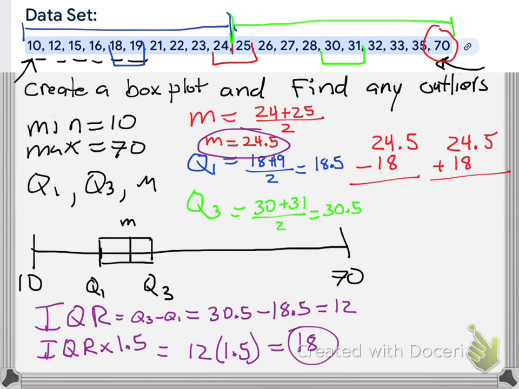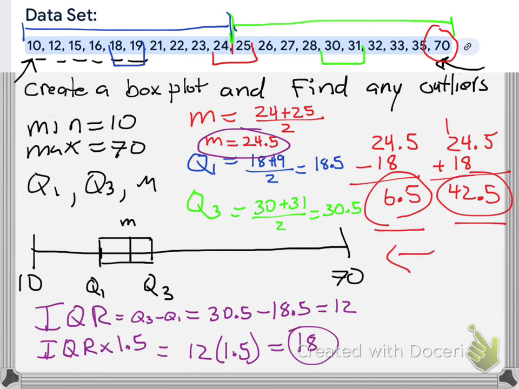So when we do this, here we're going to end up with 6.5. And on this one, we're going to end up with, let's see, 0.5, carry the 1, 42.5. So basically what these do is find the extremes outside our IQR times 1.5. So any number outside of these from either the left or the right would be an outlier.